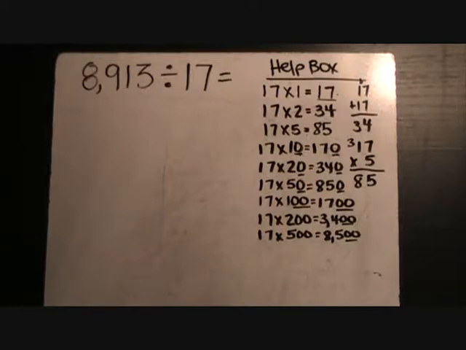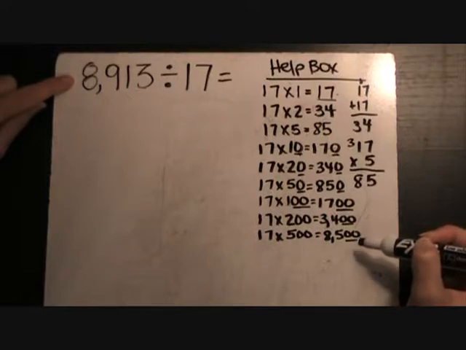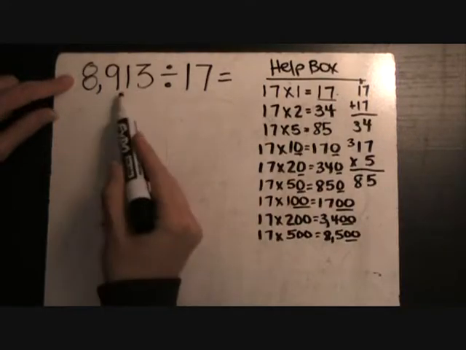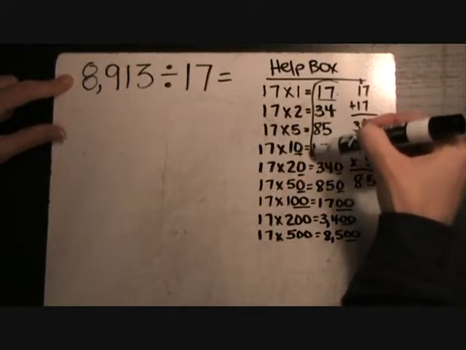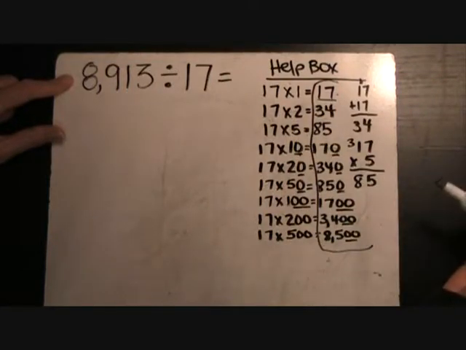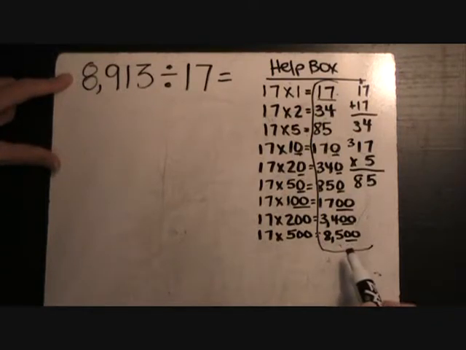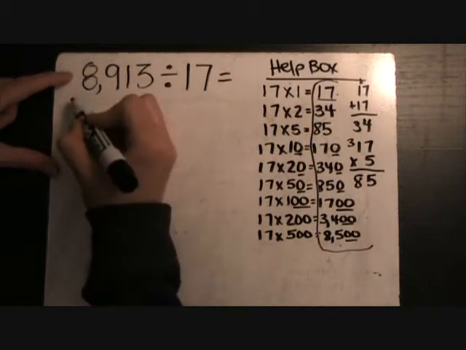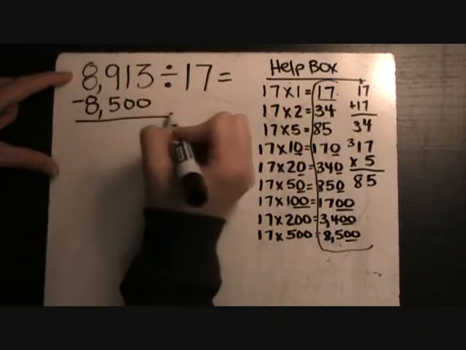Now with partial quotients, once you get your help box, then you're looking for a number that you can subtract from the dividend. So 8,913, what is the largest possible number here that we could subtract from that? And I see the largest possible one is 8,500. So I'm going to come over here and say minus 8,500.